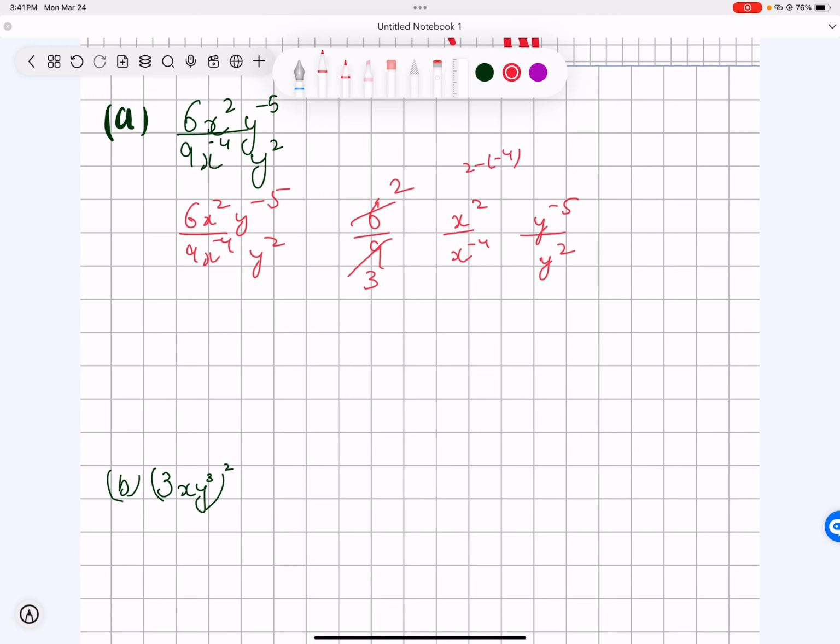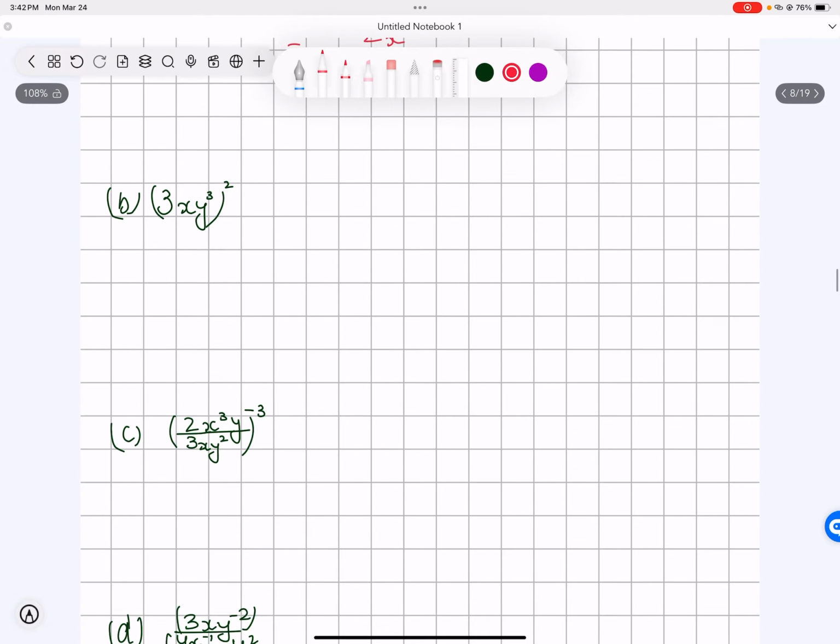There's going to be a plus sign here because they're both minus, so it's going to be 6. And then if we subtract these, minus 5 minus 2, we get 7. So our final answer is 2x to the power 6 over 3y to the power 7. That is our final answer.